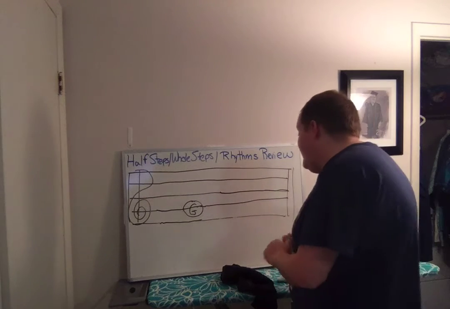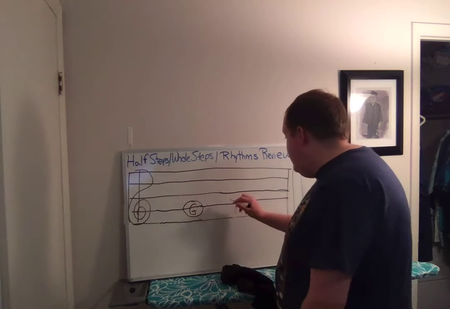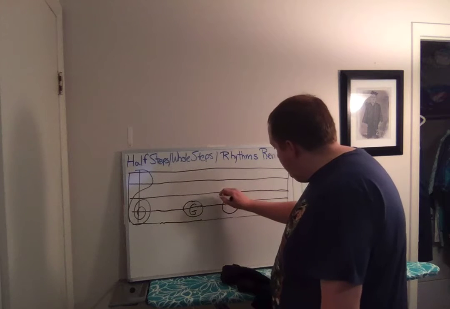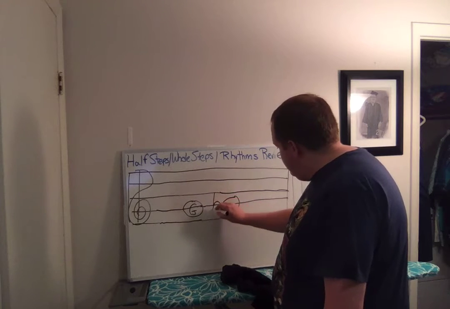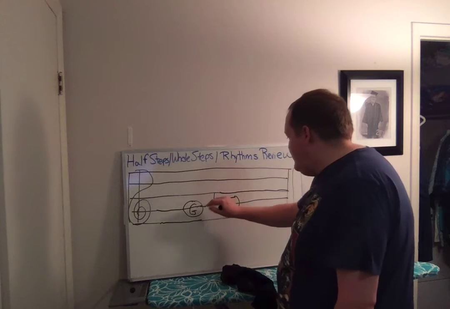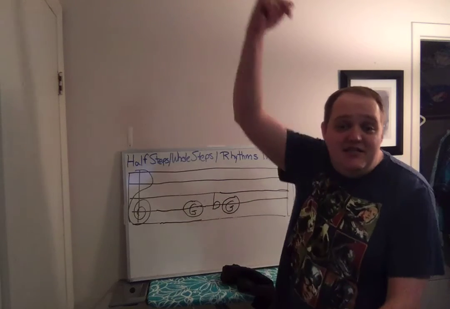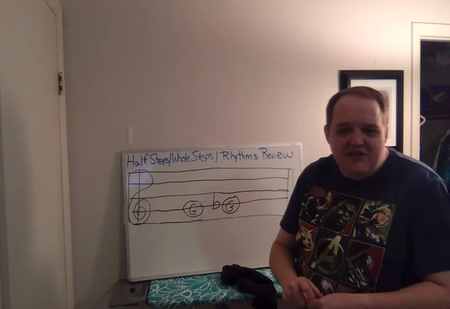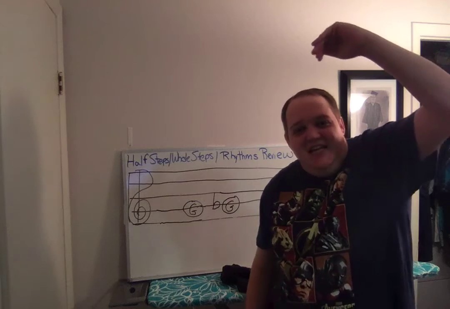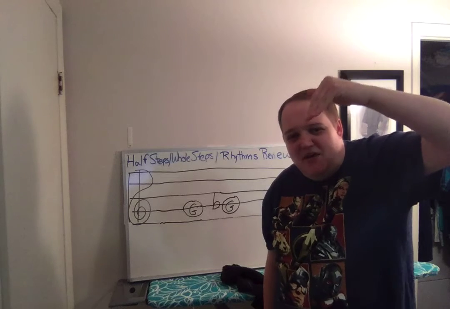Alright, G, if we want to go down a half step, G to G flat. Brings everything down slightly. So now it's like you're at the top of the roller coaster and you kind of started to drop a little bit, but wait.